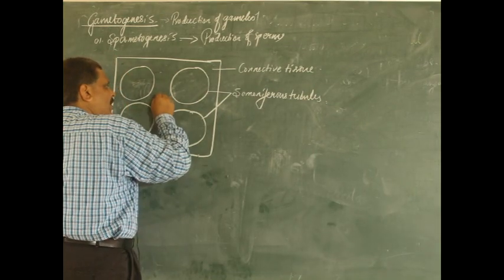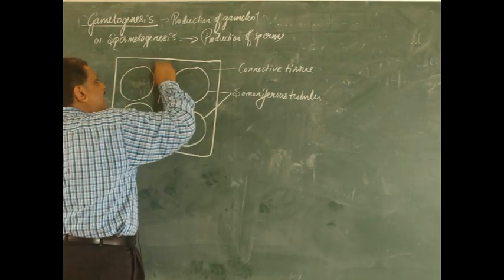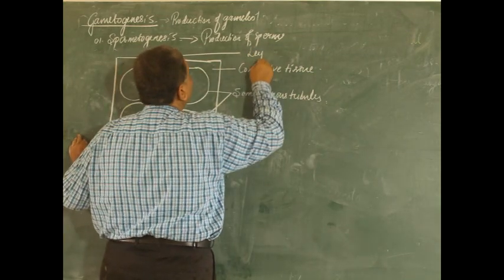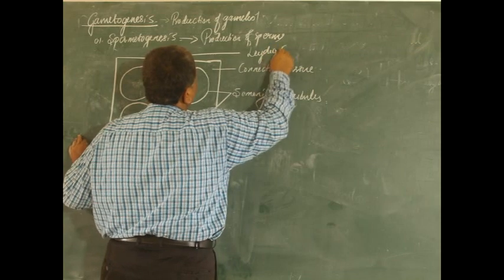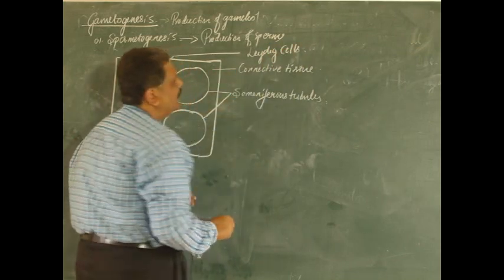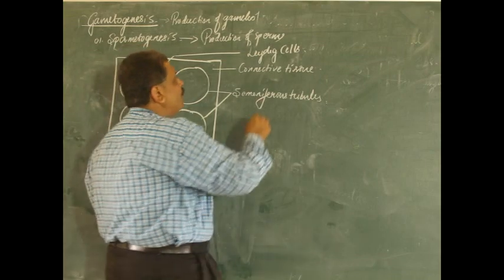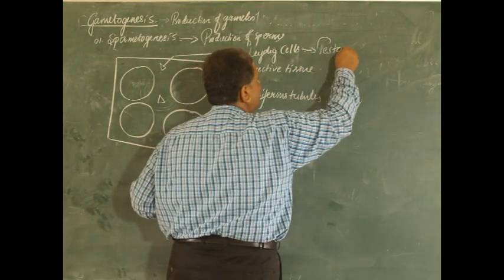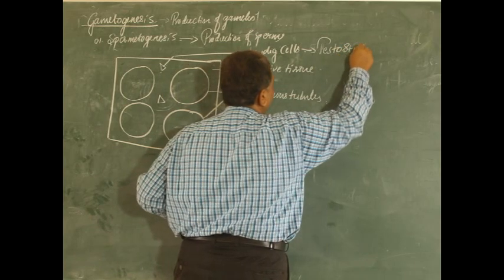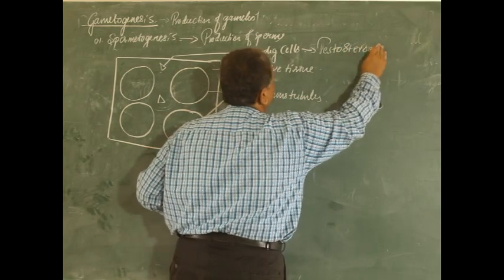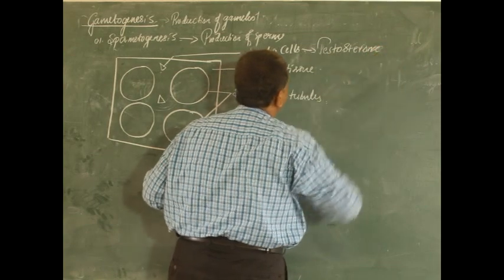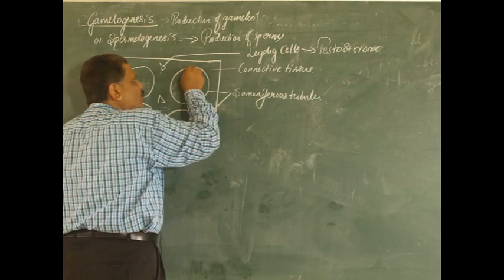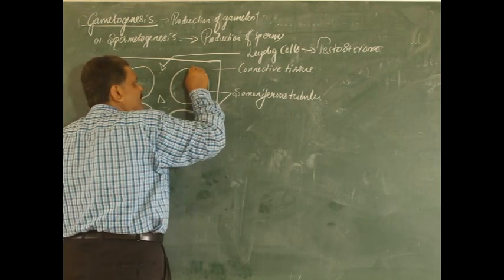And in the middle of this connective tissue, a special type of cells are there. They are called Leydig cells. And they are responsible for the production of the male sex hormone called testosterone. And inside the seminiferous tubule, you can see the presence of 2 types of cells.